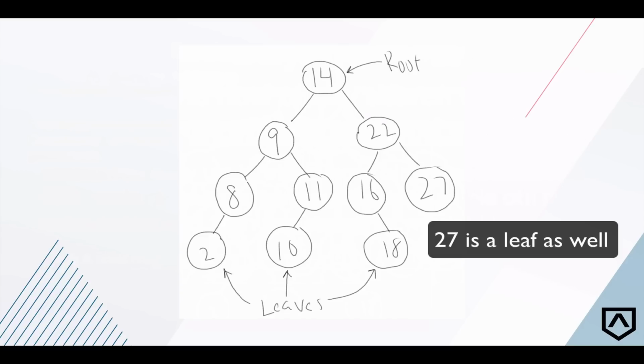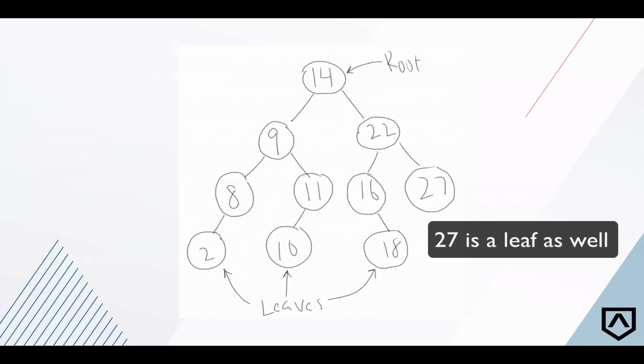To more closely illustrate what I mean by that, if we examine the root node in this visual that has a value of 14, if we look at every single node on the left side of 14, in this case the nodes containing 9, 8, 11, 2, and 10, all of those values are less than 14, right?